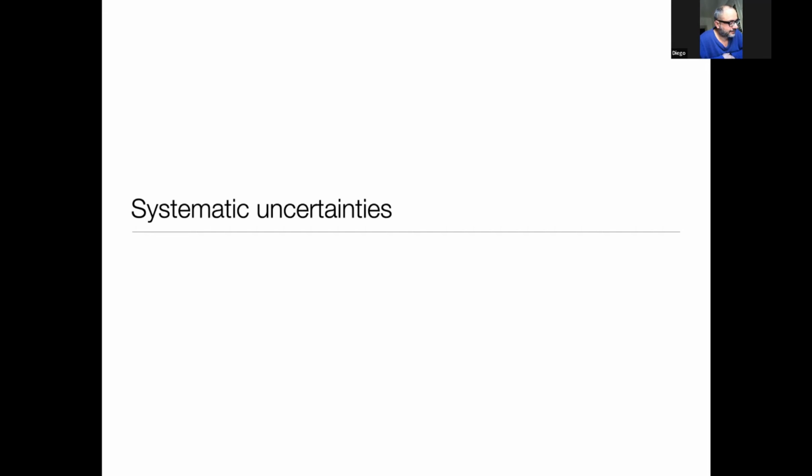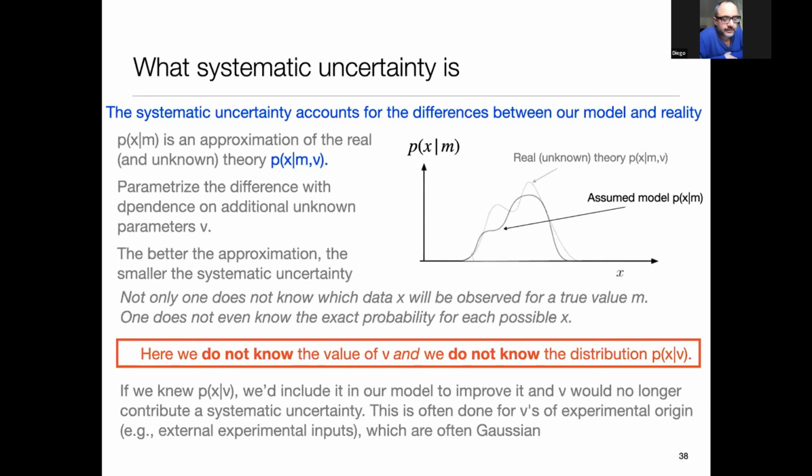What are the systematic uncertainties that you probably have heard about? The systematic uncertainties are those that account for the differences between the model we assume and reality. In any problem, we are assuming a model using the best of our knowledge and the best of our intuition, but of course, this model is a simplified model that will approximate some of the effects at play.